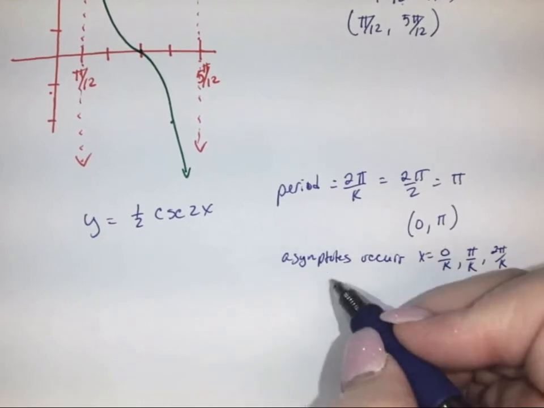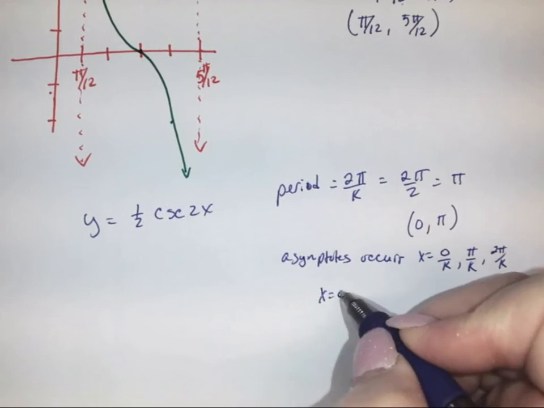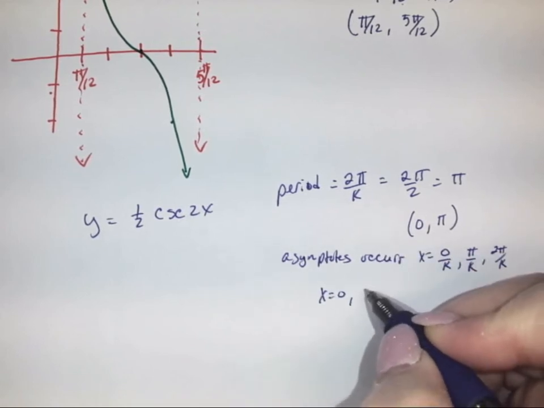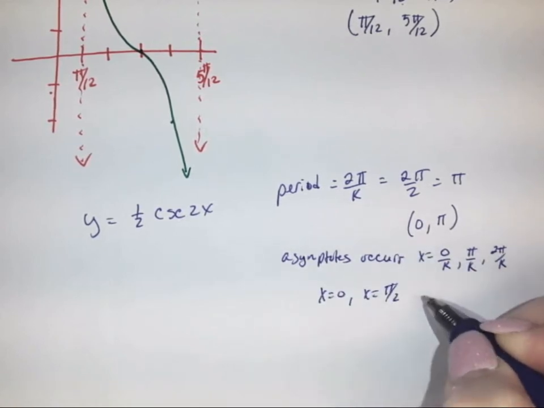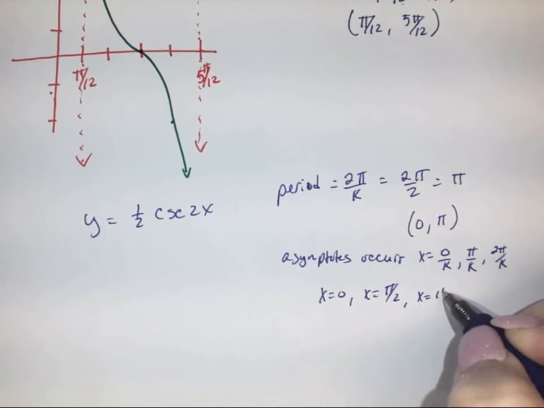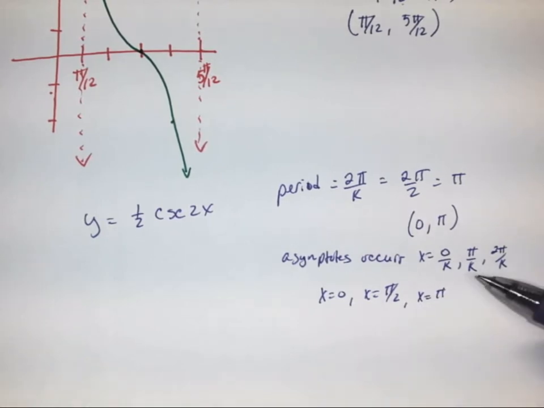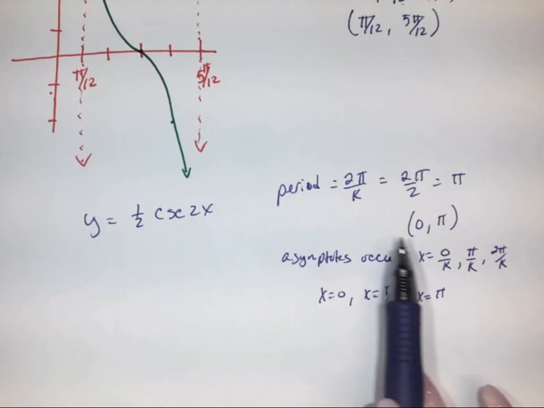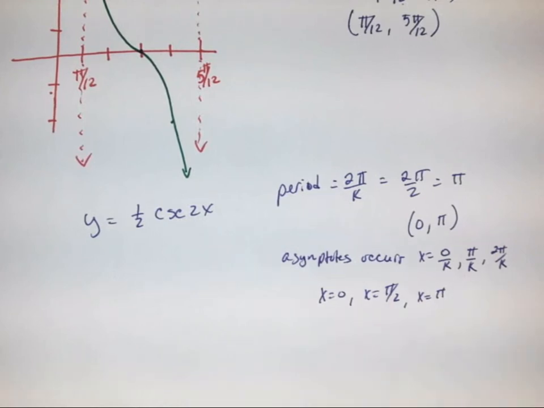So that means they're going to be at x equal to 0, x equal to pi over 2, and x equal to pi, because our k value is 2, so it's going to occur at those spots.